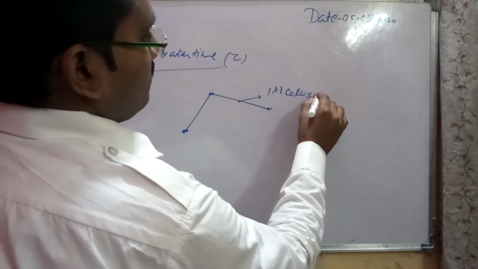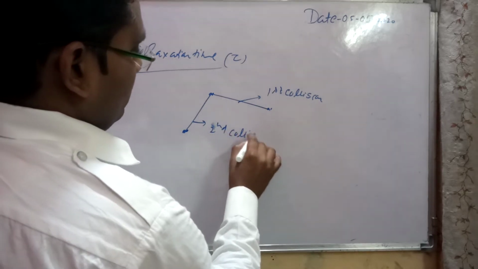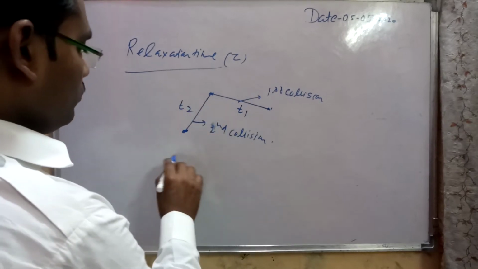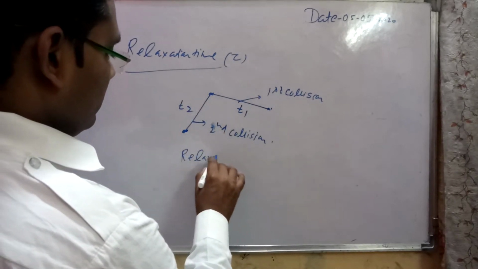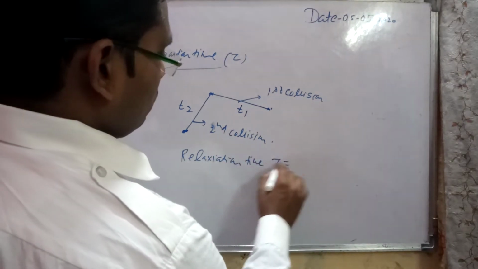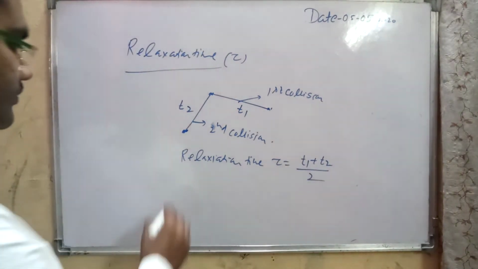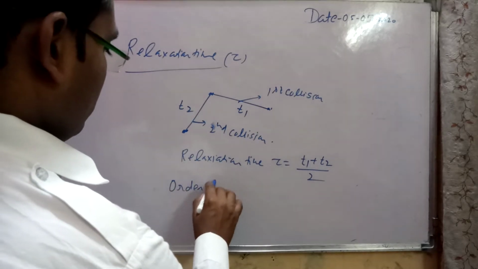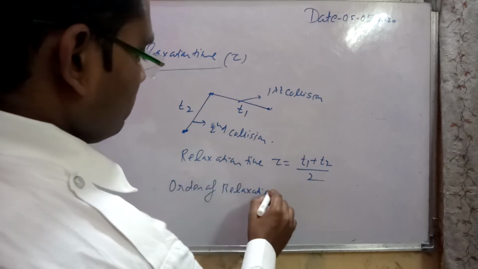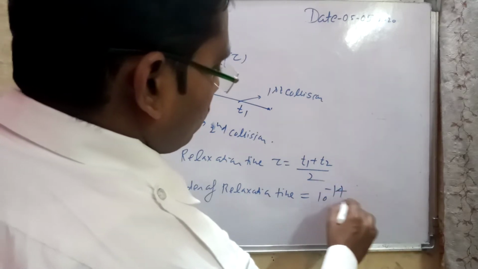Here is a time t1, here is a time t2, then relaxation time tau is equal to t1 plus t2 divided by 2. The order of relaxation time is 10 to the power minus 14 second.